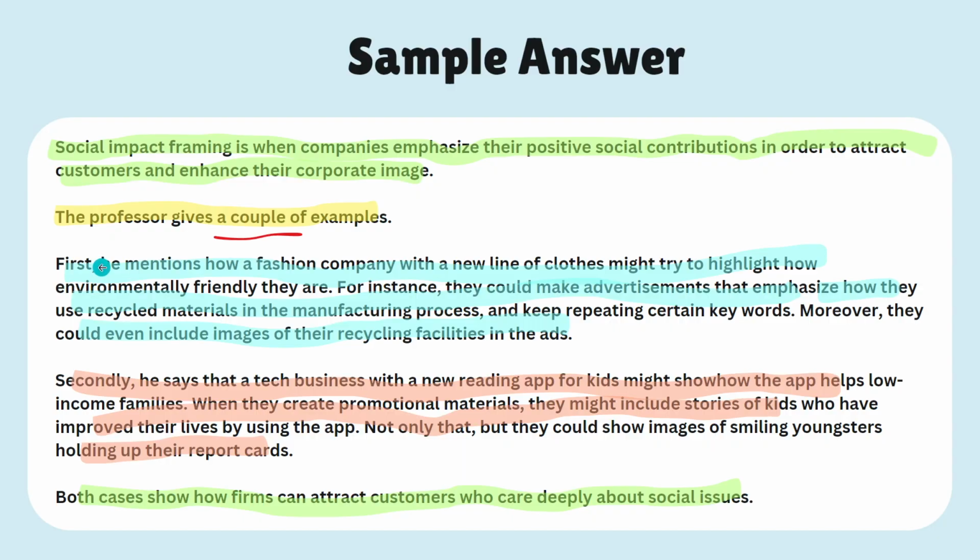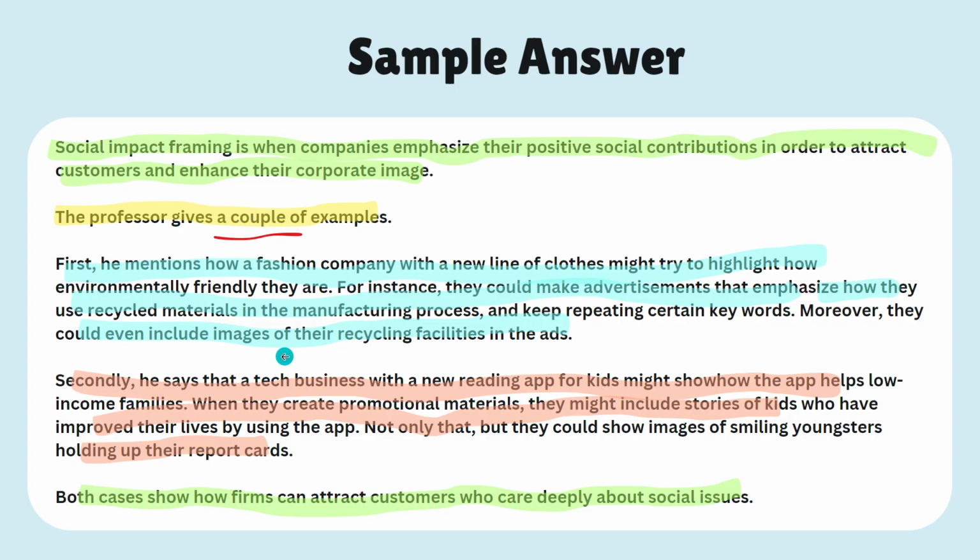Then I'm going to say first he mentions, and I'm going to just start shoving in all the details I remember from the first example. And then something like secondly he says, and then I'm just shoving in all the details I remember from the second example. And at the end, I'm going to tie it all together by getting that so-what sentence from the reading.